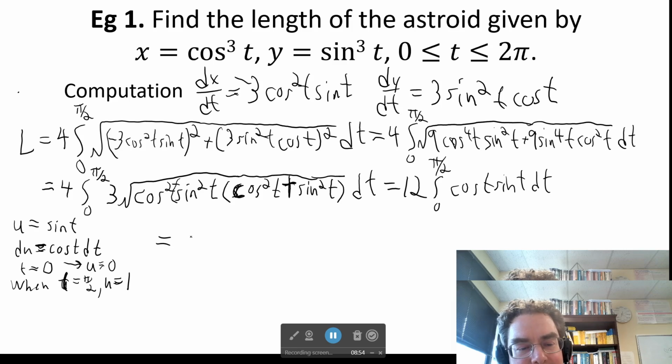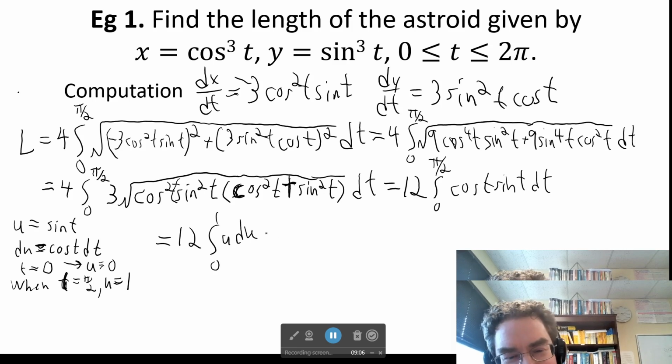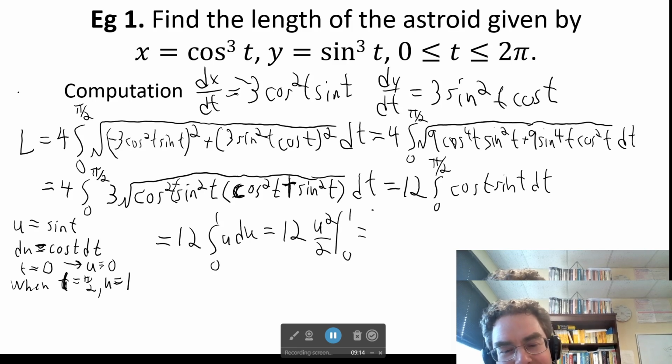So converting everything to u, we end up here with the integral from 0 to 1 now of u du. And that's really easy, right? So now we know anti-differentiating, we get u squared over 2. And evaluating at 0 and 1, that just gives us 1 over 2 minus 0.